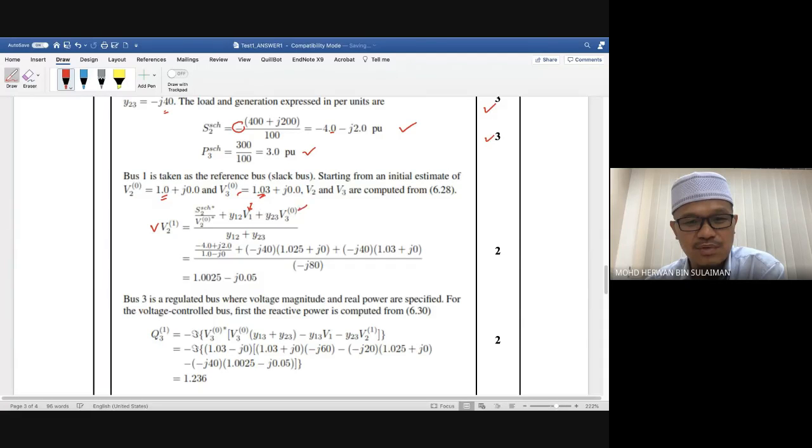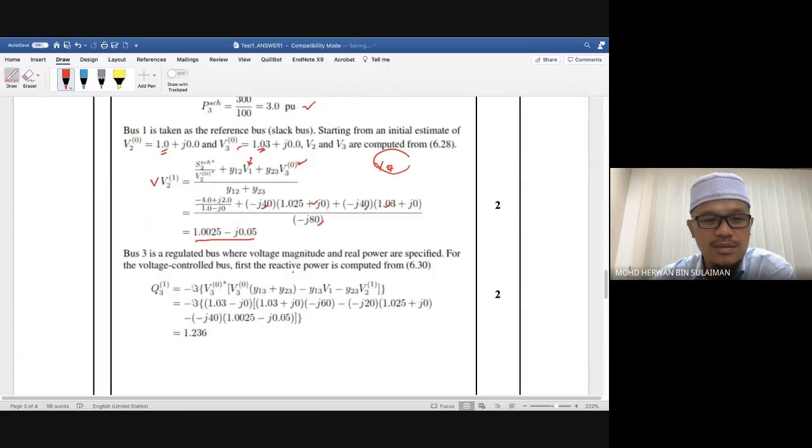V3 for the initial you use 1.03. Put all the value. This one is your Y, this one V, and this one is Y12, Y23 because it's 2Y. This is Y22. It's the bigger one in the matrix. So you get your value 1.0025 minus J 0.05.